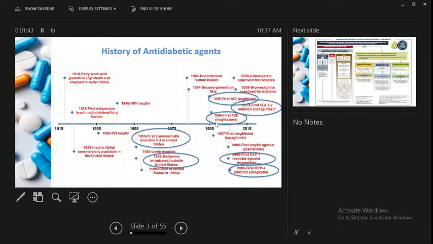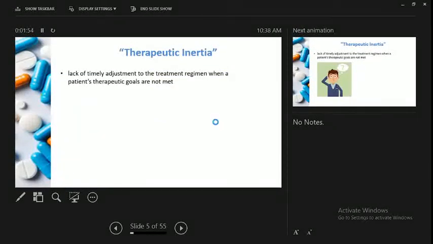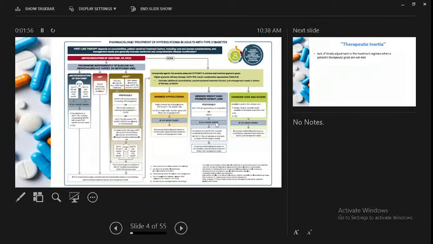So the question is, which type of oral hypoglycemic agent are you going to use when you come across patients with type 2 diabetes? To make matters worse, you get complicated guidelines like this. As you can see, it's a very crowded and complicated slide.